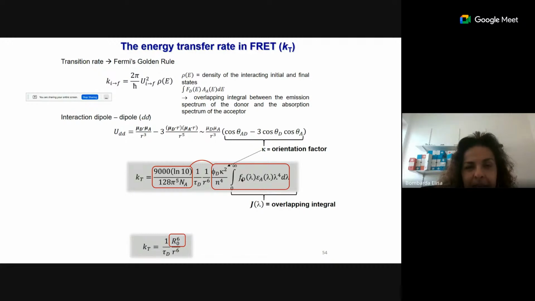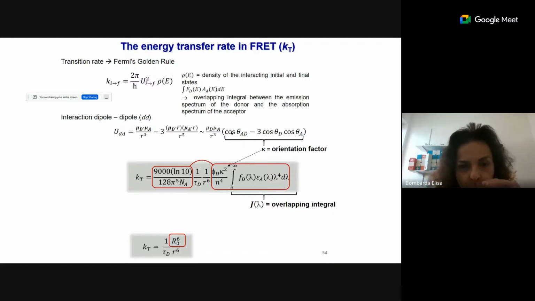Now we keep just this equation, which is simpler. I just showed you where this power 6 comes from, which is typical of FRET.